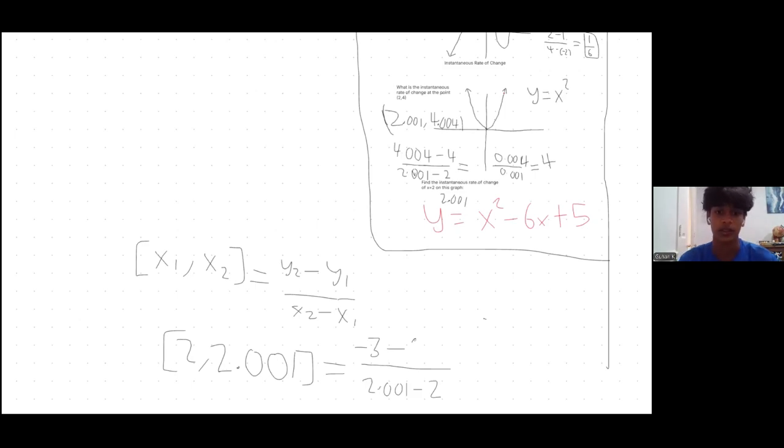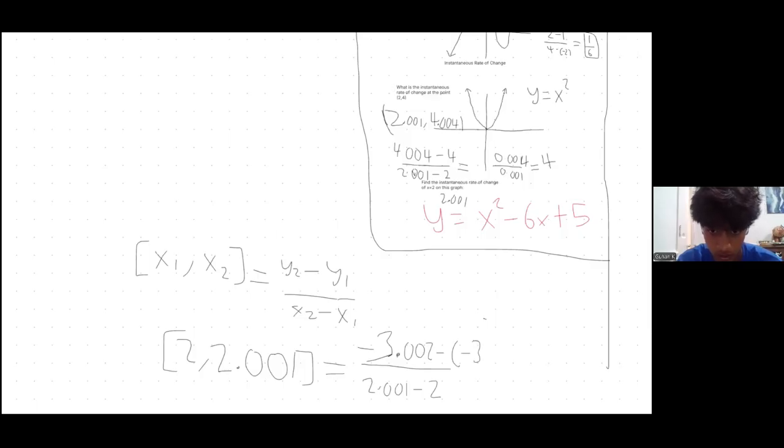Wait, I should have put that point first. So negative 3.002 minus negative 3, which is just plus 3.